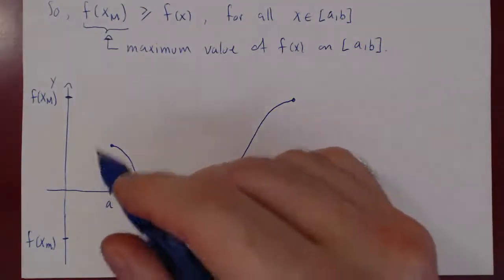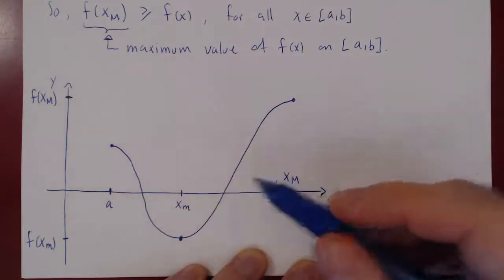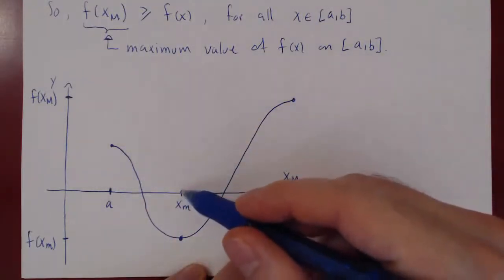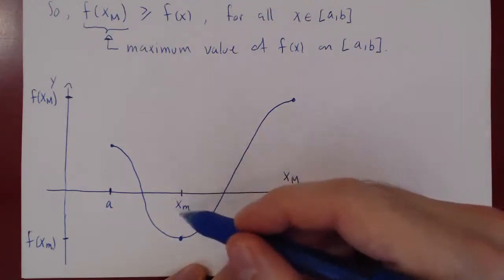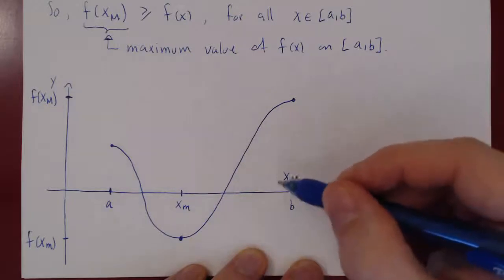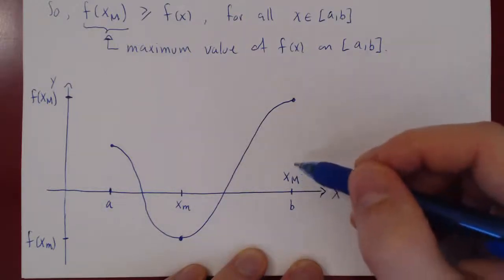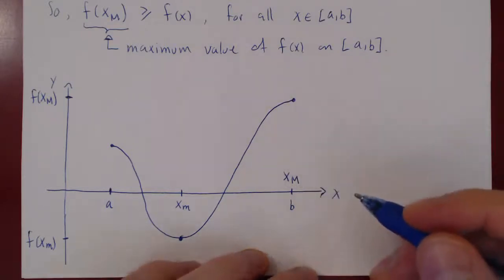And you can imagine drawing any possible function from a to b without lifting your pen, and you will always have a point where the function attains its minimum value, and this is called the absolute minimum, and another value of x where the function attains its maximum value, and this is called the global or absolute maximum of the function.